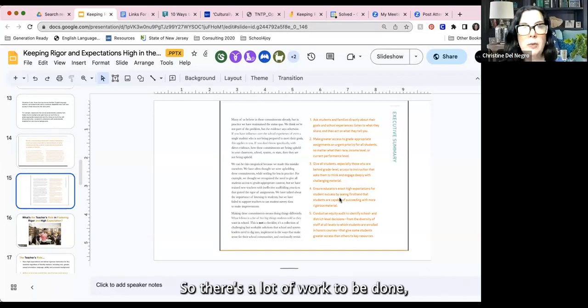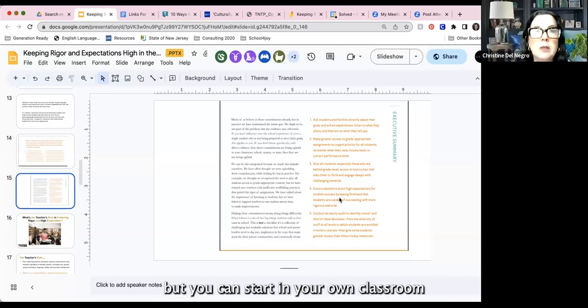So there's a lot of work to be done, but you can start in your own classroom.